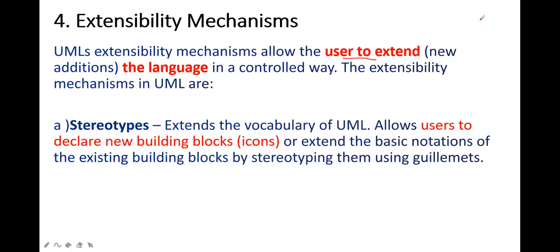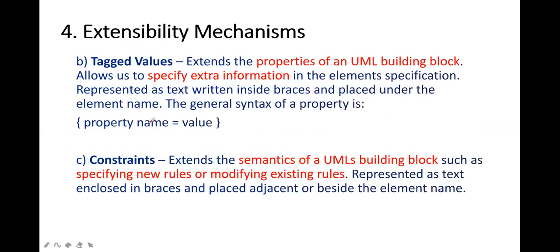One is stereotypes, which allow you to declare new building blocks. Second, tag values, which allow you to extend properties by defining extra information. And third, constraints, which allow you to extend the semantics of a UML building block, such as specifying new rules or modifying existing rules.